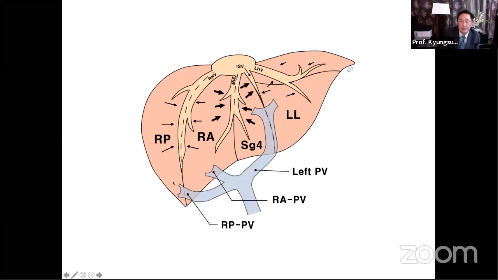Inflow, that means the portal flow, enters the center of the liver segment, but outflow, the hepatic vein, is located between two segments. You can see the right hepatic vein is located between the right anterior and right posterior, and the middle hepatic vein is located between the right anterior and the left medial segment, segment 4.